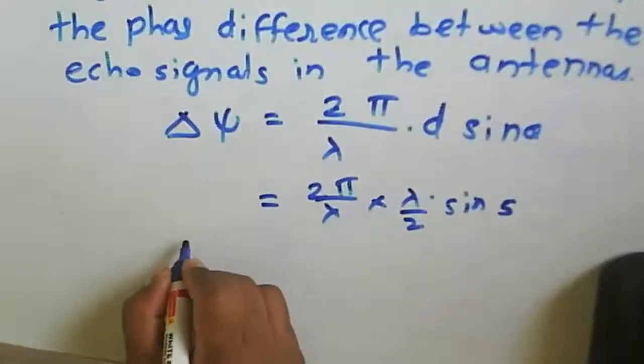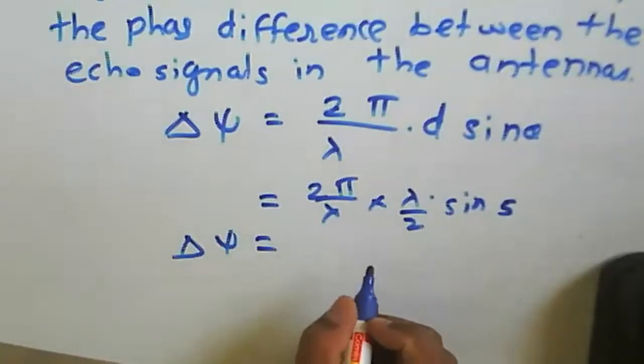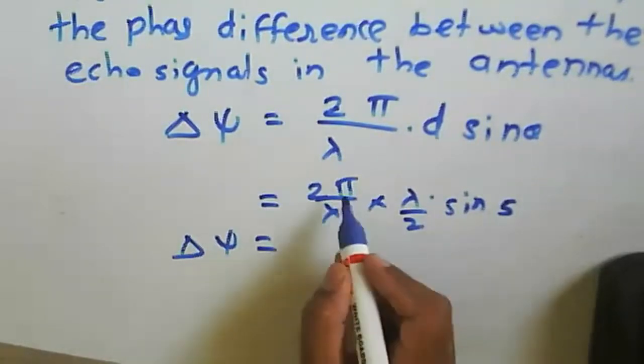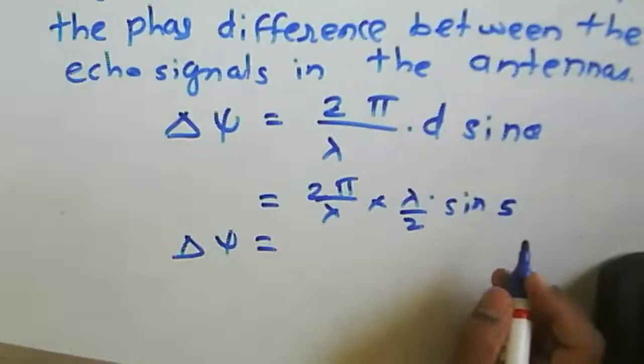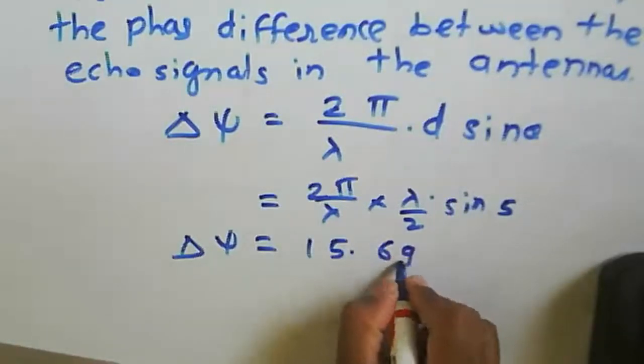After solving, the 2 cancels and lambda cancels, so we get π sin 5, which is 15.69 degrees.